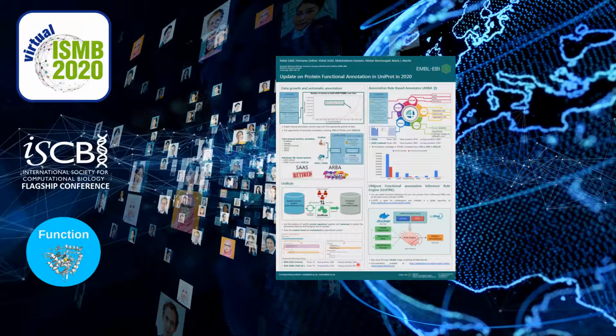So what is ARBA? ARBA stands for Association Rule-Based Annotator, and it uses subsets from the Swiss-Prot section, transforms them, and generates all possible rules with reference to a certain number of quality metrics.